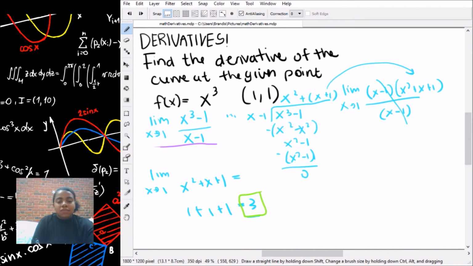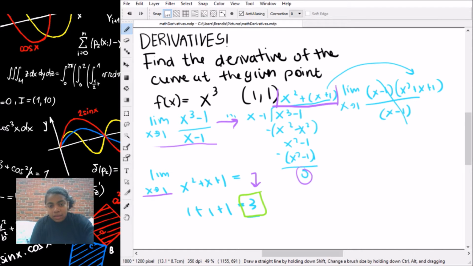So the way I did it was just using long division, and that gave me a clean factorization, no remainder. So this is x minus 1 times x squared plus x plus 1. Those two cancel. So then you got x squared plus x plus 1. You take the limit of that as it goes to 1, and you get 3.